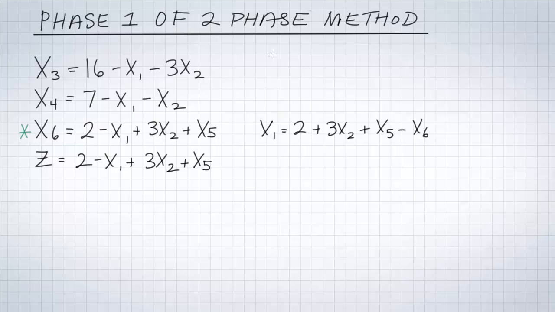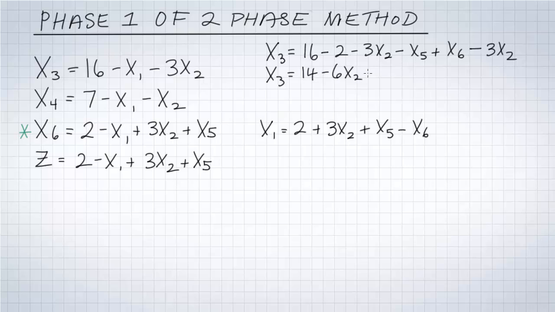So x3 is equal to 16 minus 2 minus 3x2 minus x5 plus x6 and minus 3x2. So x3 therefore is equal to 14 minus 6x2 minus x5 plus x6. And then that replaces this equation here.